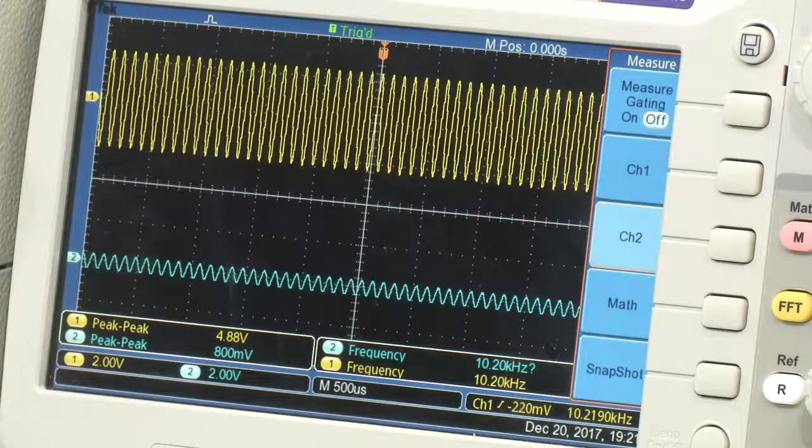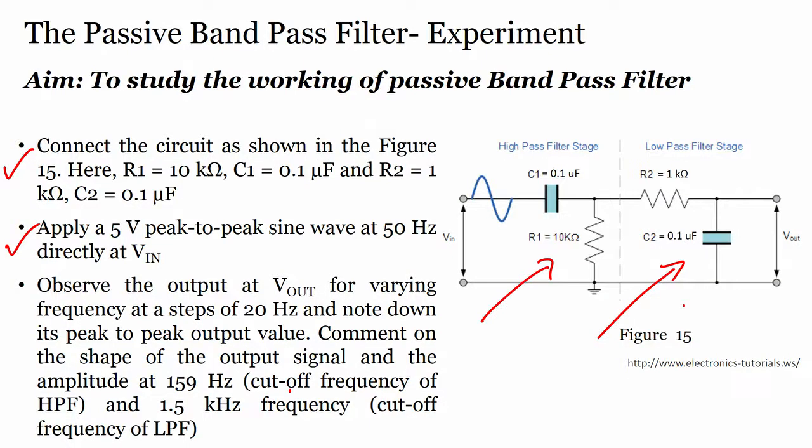Now if you come back to the screen, because of the loading effect that comes through the passive filters, we have already seen that the loading effect comes into the picture, and that is why we should not use passive filters. So, what is the comment on the shape of the output signal?